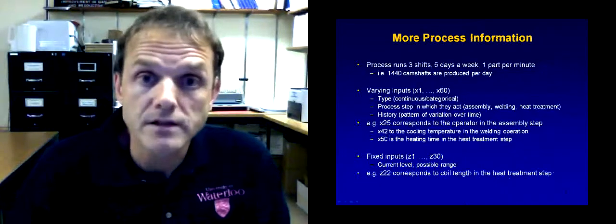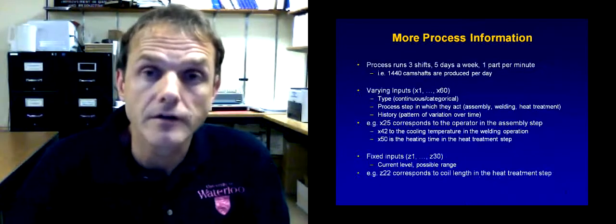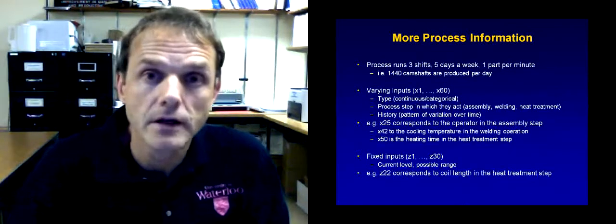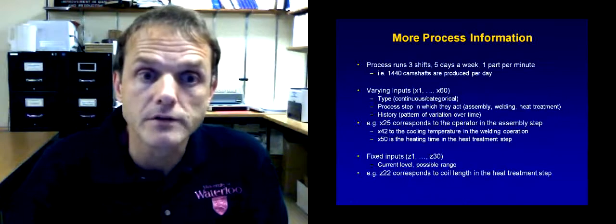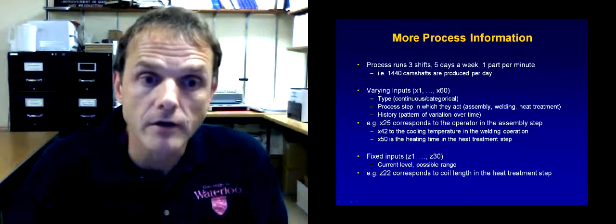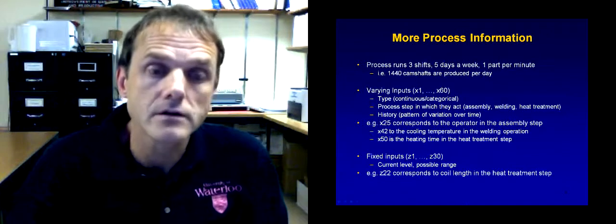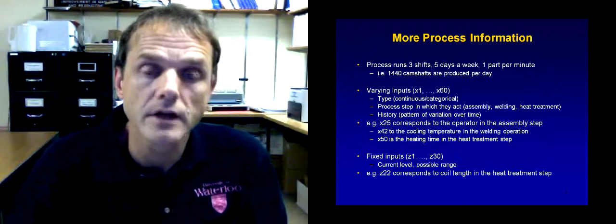Other bits of process information that you already have are that this process runs 5 days a week for 3 shifts, 1 part per minute. And so it produces about 1,440 camshafts per day. I mentioned earlier the varying inputs, X1 through X60. These inputs have a variety of characteristics. They come in both continuous types and categorical types.